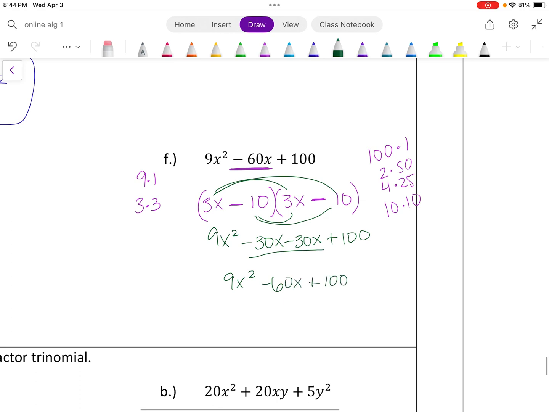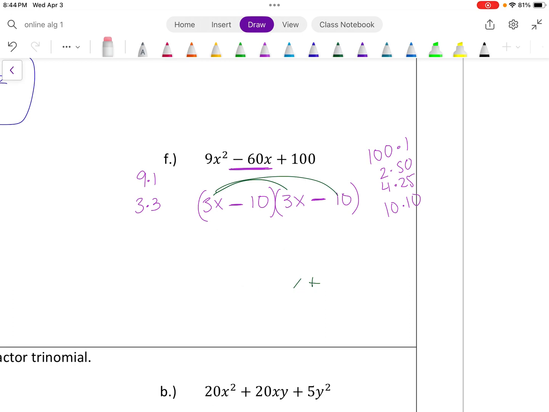So this is, in fact, a perfect square trinomial because it all worked out. So we know that 3x minus 10 times 3x minus 10 is our answer, and we can write that as 3x minus 10 squared.